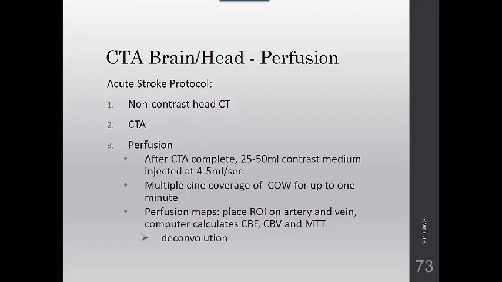The next step is to place ROIs, or region of interest, over arteries and veins on the perfusion map that's created. And then the computer calculates the CBF, CBV, and the MTT. We'll talk about those in just a second. Mathematical technique utilized for generation of perfusion maps is called deconvolution.